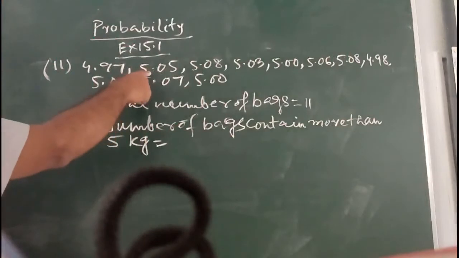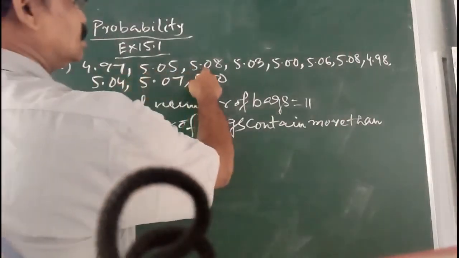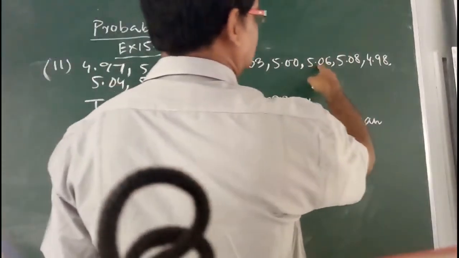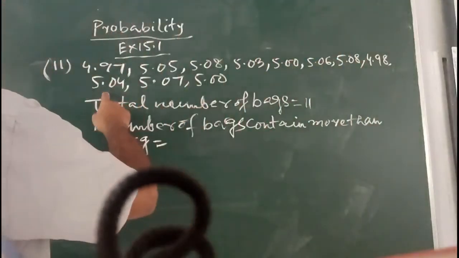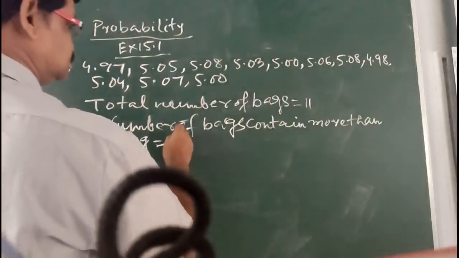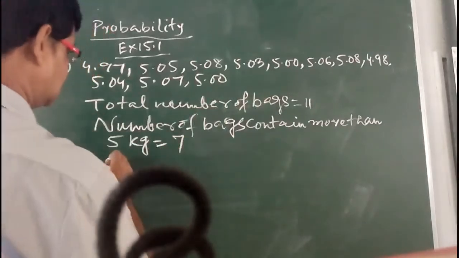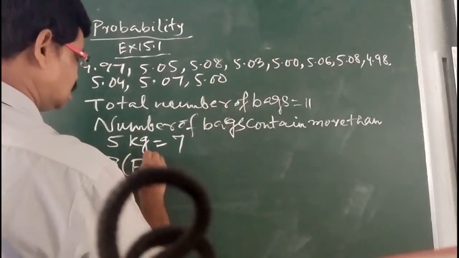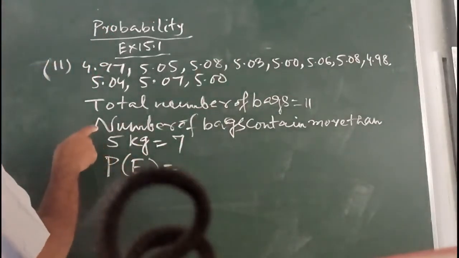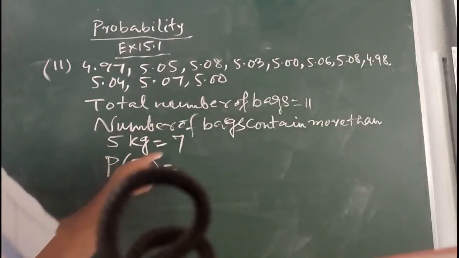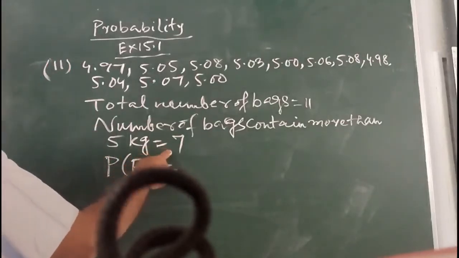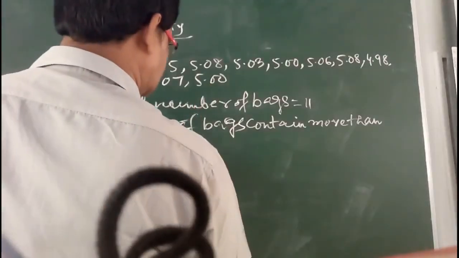So this one is more than 5 kg. 1, 2, 3, 4, 5, 6, 7. Now I have to find the probability. P, that is probability of this event. So that number is 7. So 7 by 11.